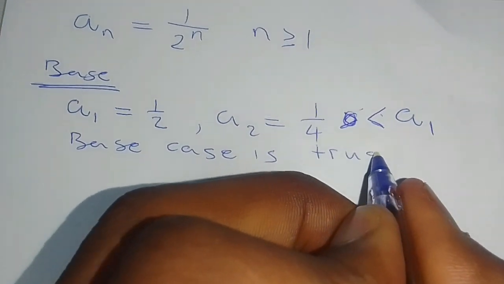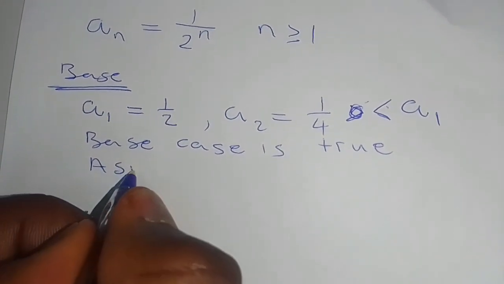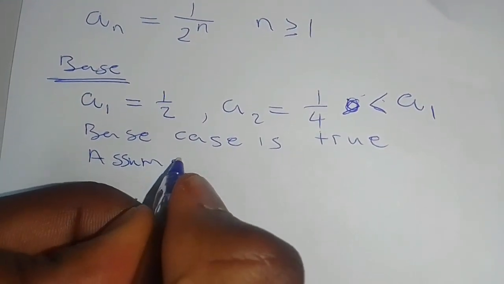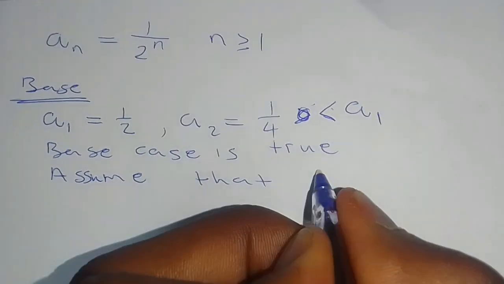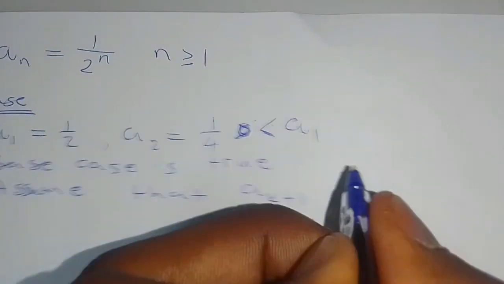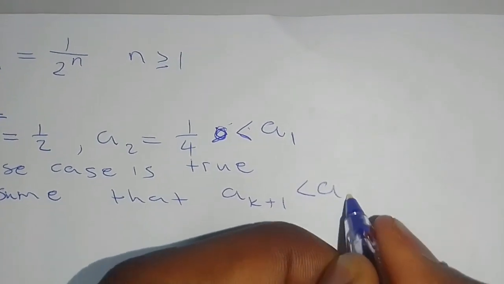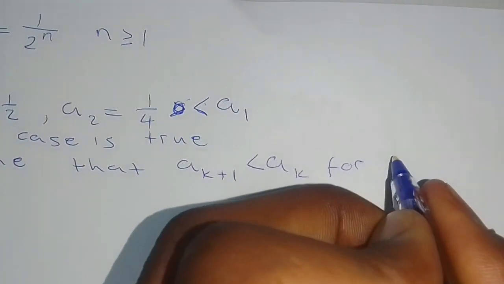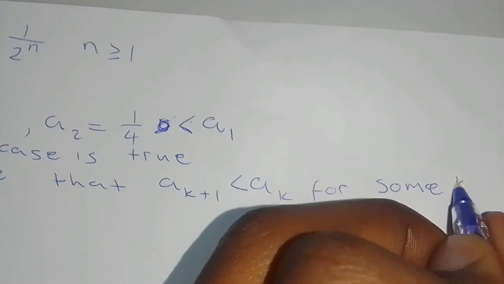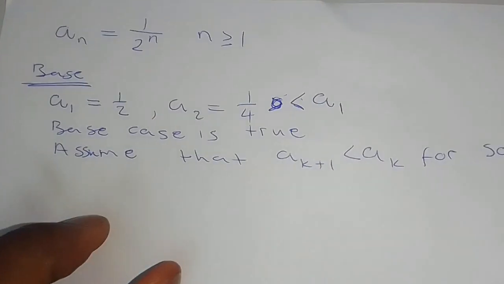Now we're going to assume that a_{k+1} is less than a_k for some k greater than or equal to 1.